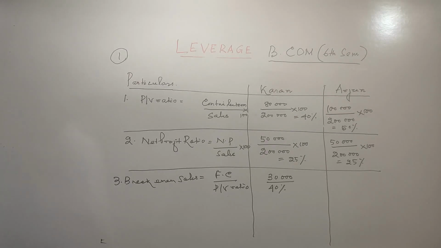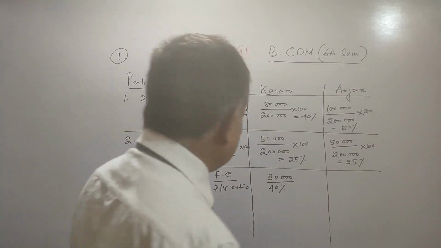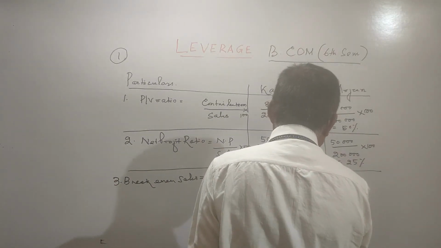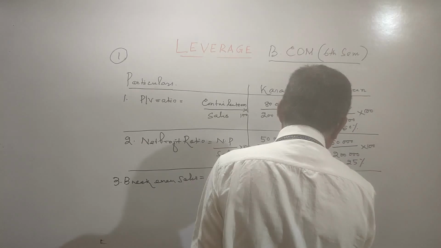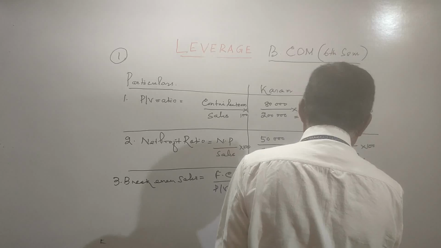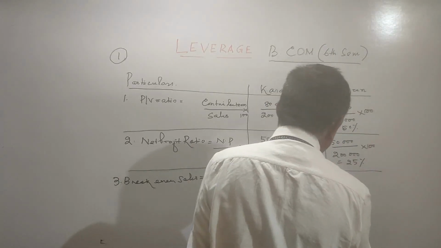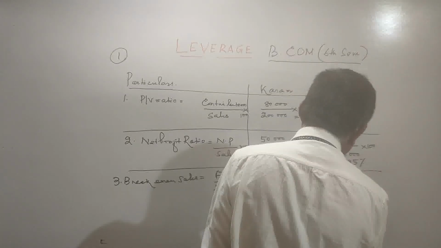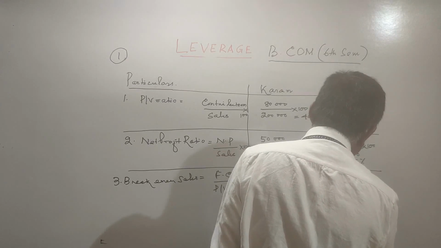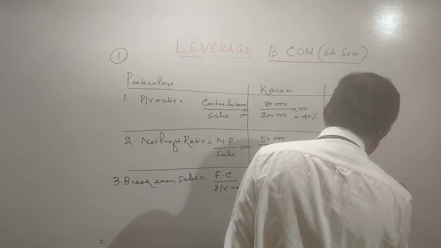So 30,000 by 40% is equal to 75,000. Here also it is 50,000 by 50%, it comes to 1 lakh.